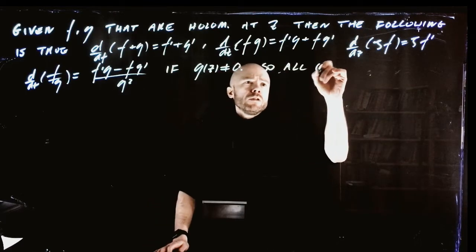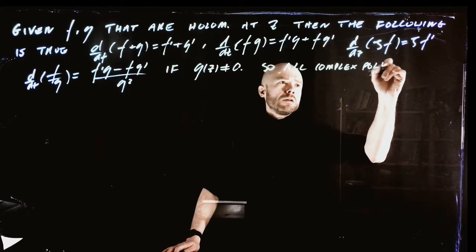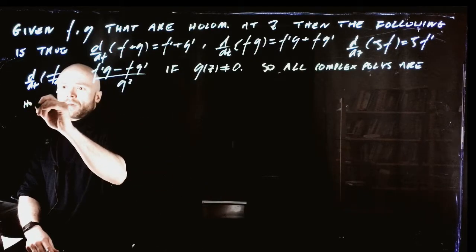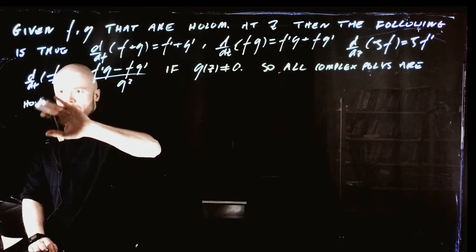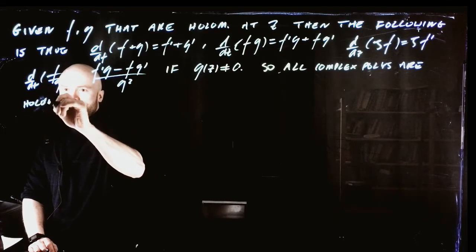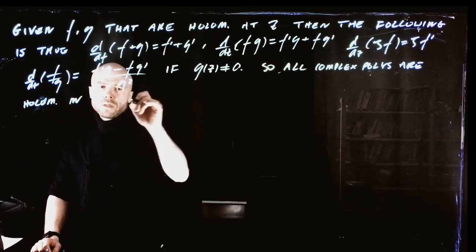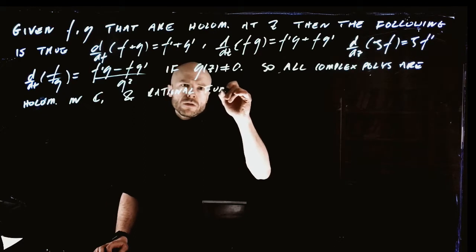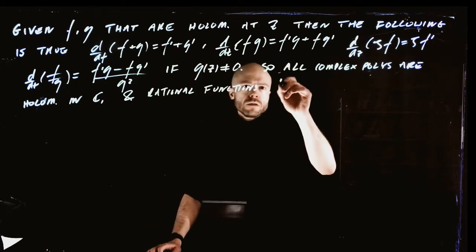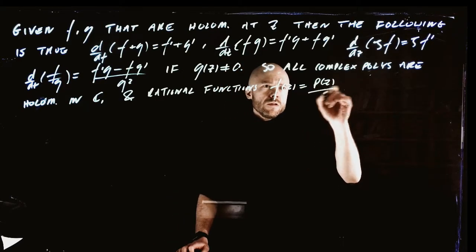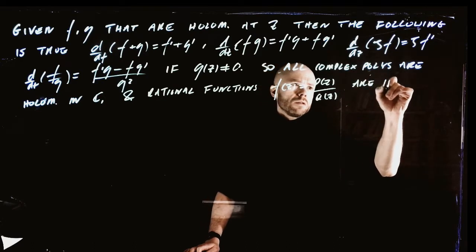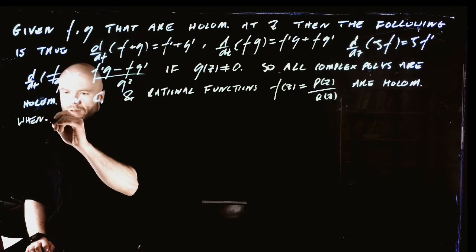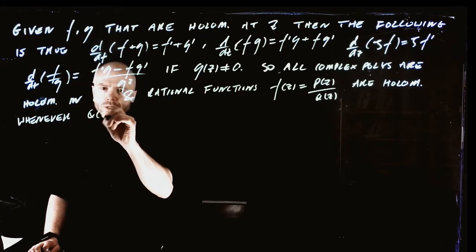So, all complex polynomials are holomorphic in the entire complex numbers, and even rational functions f of z, which is p of z over q of z, whenever q of z is not equal to 0.